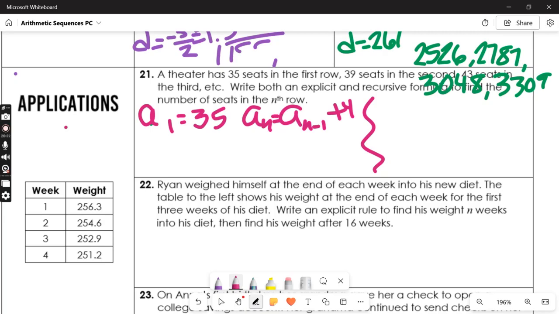So that's the recursive version. To do the explicit, I'm going to say AN equals 4N because it's adding 4 each time, and then if I go backwards, subtract 4, that would be 31.